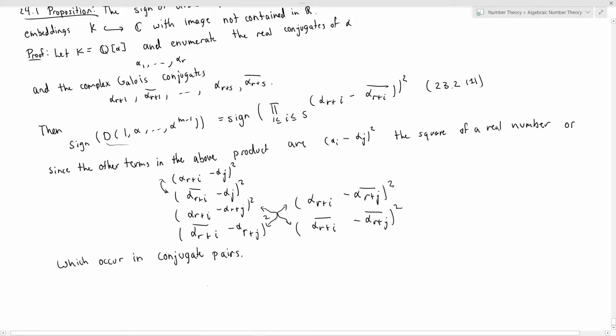I guess first of all, maybe I should finish it up like this. Then we have the sign of this guy. Just to compute the sign here, alpha_{r+i} bar squared.